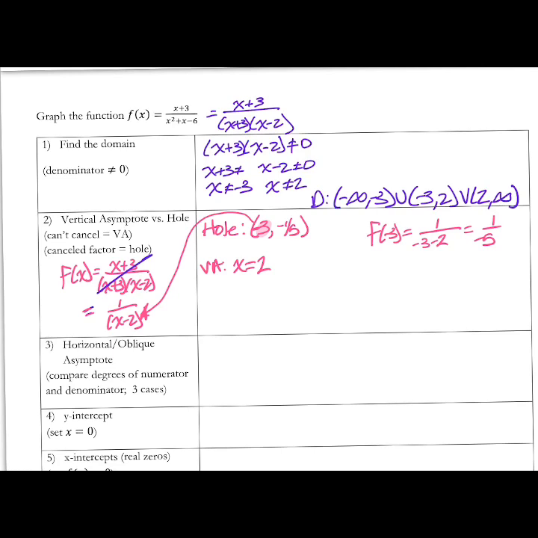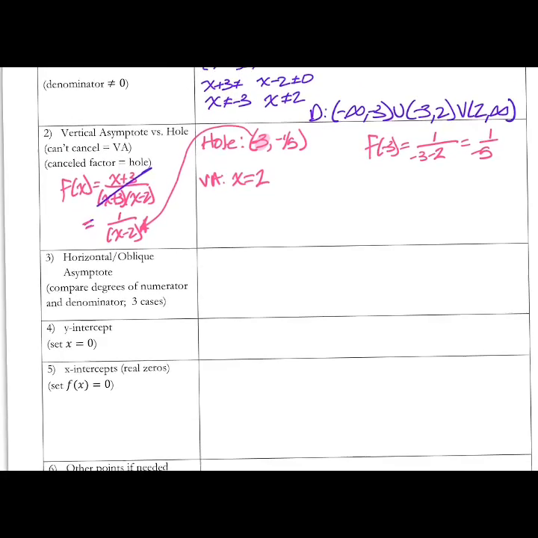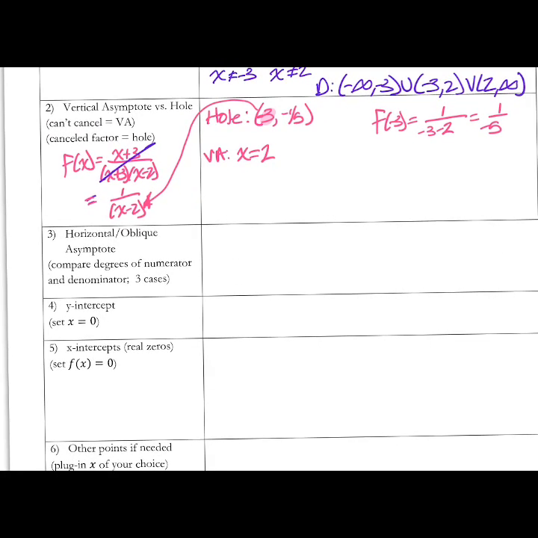And then we're going to go on to the next one, which is my oblique one. Okay? And I'm going to use my original equation. So f of x equals x plus 3 over x squared plus x minus 6. And again, my degrees here.